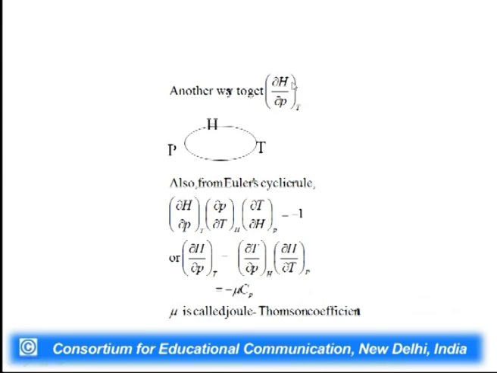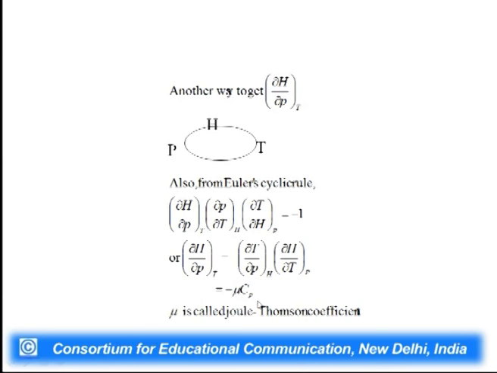So, if we want to calculate del H by del P at constant T, we can simply write minus del T by del P at constant H. Basically, what we did is we took this term to this side and wrote 1 divided by del P by del T at constant H as del T by del P at constant H, and then del H by del T at constant P. We know that this term is Cp, whereas del T by del P at constant H is known as the Joule-Thomson coefficient.